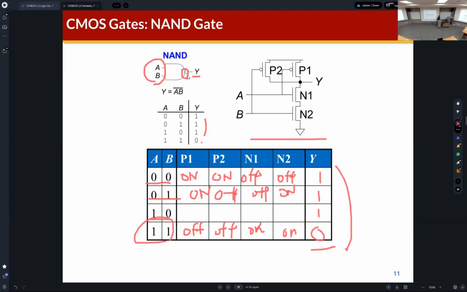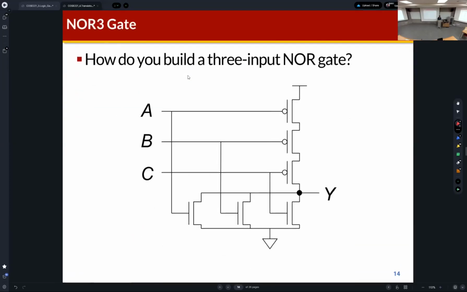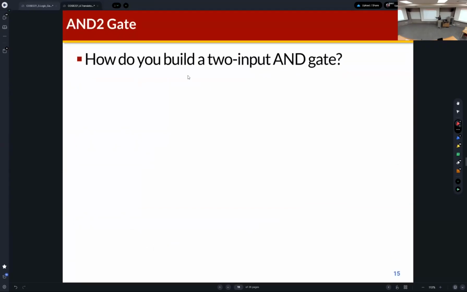Which means in order to implement a NAND gate, we require a total of 4 transistors, right? But in order to implement an AND gate, we require a total of 6 transistors, right?